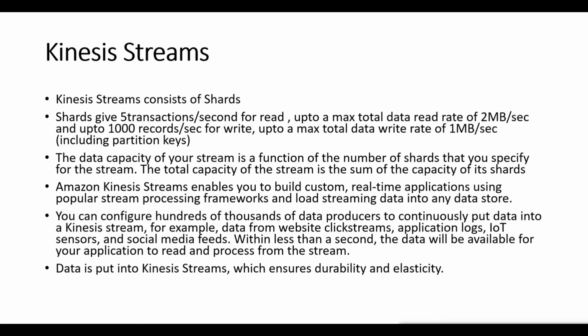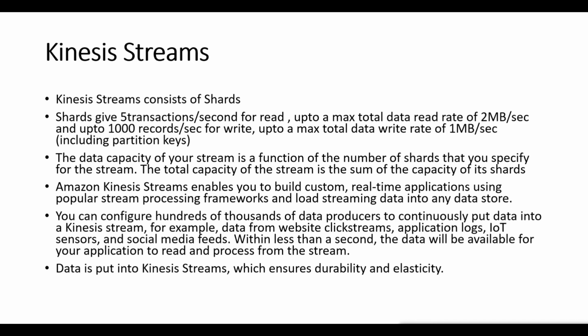So you can have multiple shards in a stream. The data capacity of your stream is a function of the number of shards that you specify for the stream. The total capacity of the stream is the sum of the capacity of its shards. You just need to remember that shards are stored in Kinesis streams. You do not have to remember the transaction rate and other things.